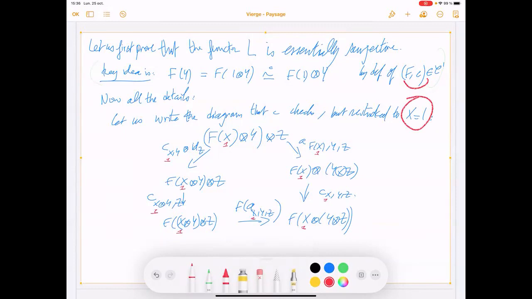You replace x by 1 everywhere. I hope it's not confusing. Okay.